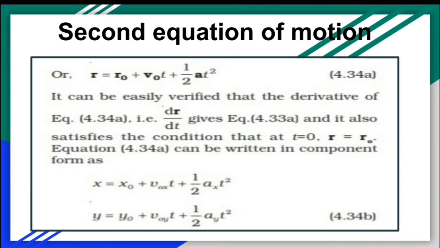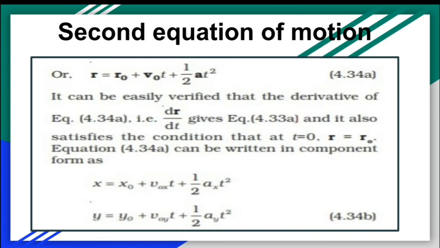So we have written it like r is equal to r0 plus v0 t plus half a t square. So what is vector r? Vector r is the final position vector and vector r0 is the initial position vector. v0 is the initial velocity vector and a is the acceleration. So this is how we can write the second equation of motion in vector form.